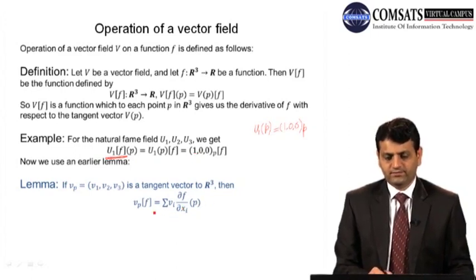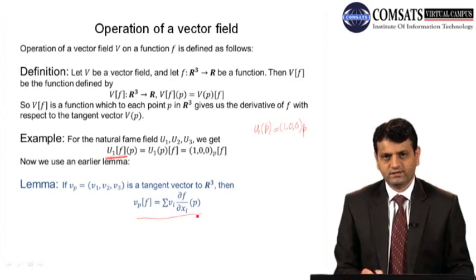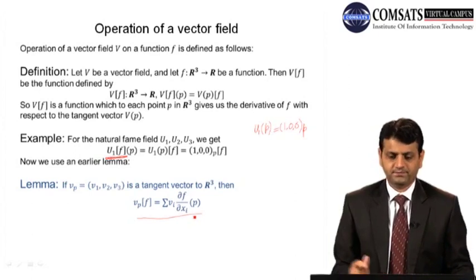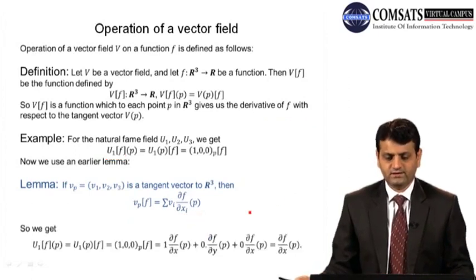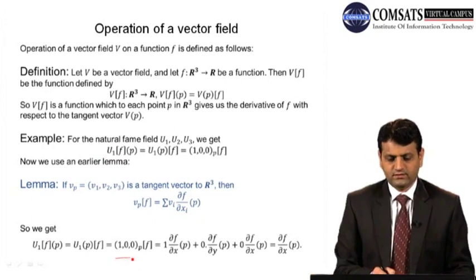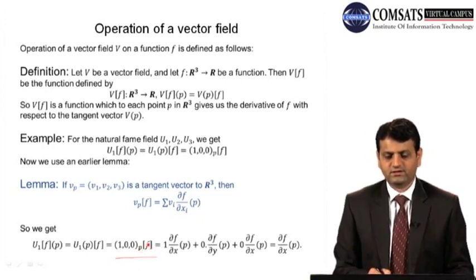So by using the lemma, we can simplify calculating the directional derivative of f in the direction of u1 of p, and this gives us 1, 0, 0 at p of f, which means the directional derivative of f in the direction of 1, 0, 0 at point P.